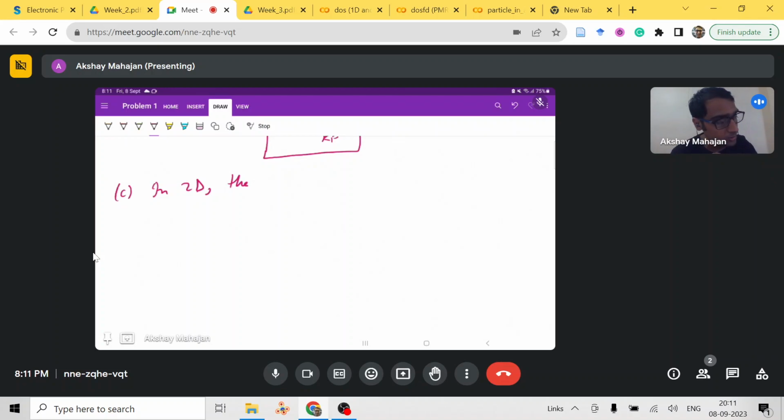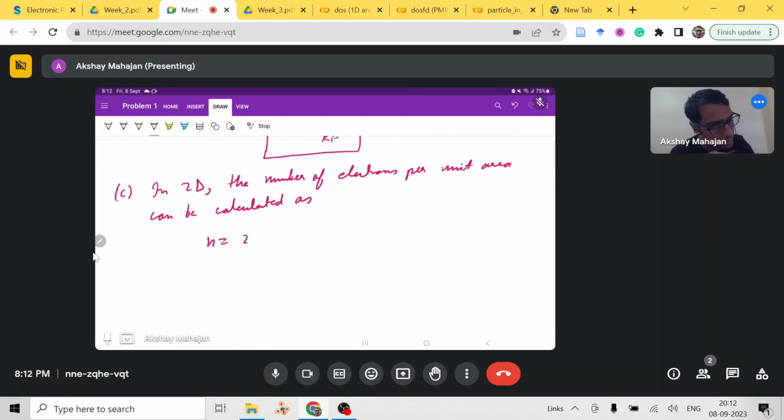In 2D, the number of electrons per unit area can be calculated as n equals 2 times the integral from minus infinity to infinity of dk vector upon 4 pi square times f of epsilon of k vector. Now in case of 3D it was 8 pi cube; in case of 2D this will come as 4 pi square.